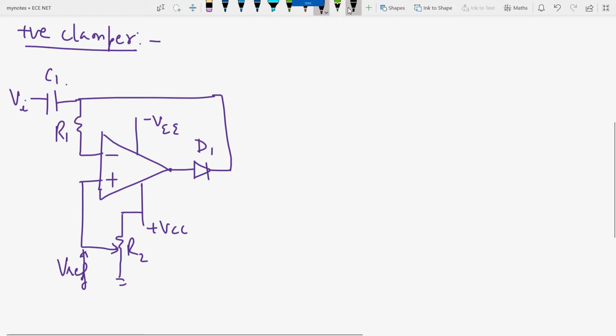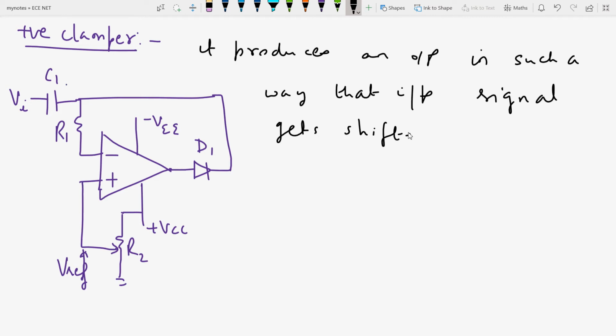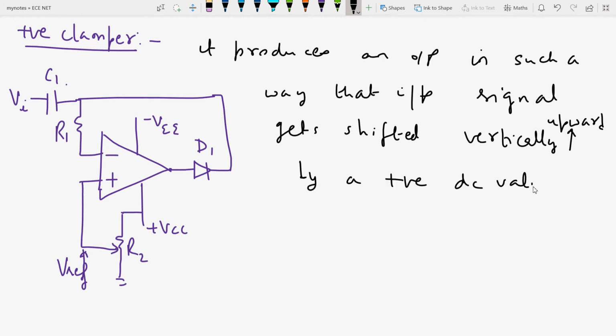Positive clamper means that it produces an output in such a way that the input signal gets shifted vertically upwards by a positive DC value.